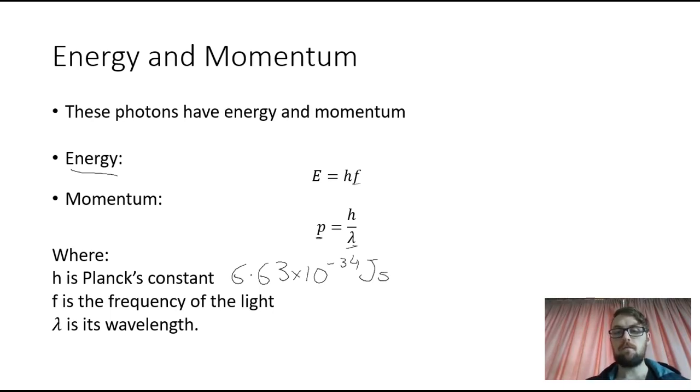Now, f is the frequency of light, measured in hertz, and the wavelength is measured in meters. Just a quick reminder that energy is measured in joules. We can also measure that in electron volts. And our momentum is measured in kilogram meters per second.